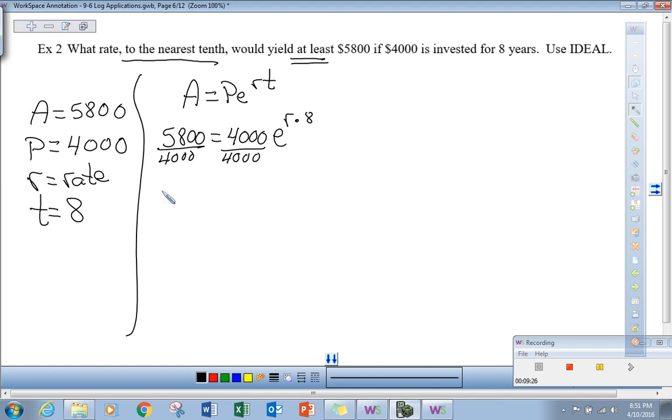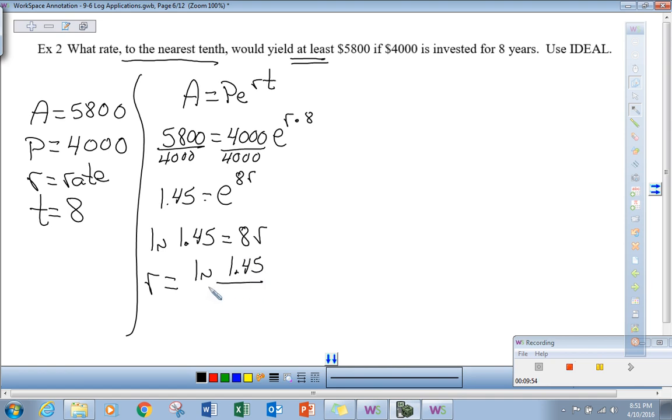So I'm going to be at 1.45 equal e to the 8r. I'm going to take the natural log of each side. So I'm at the natural log of 1.45 equal 8r. So r is going to be the natural log of 1.45 divided by 8.